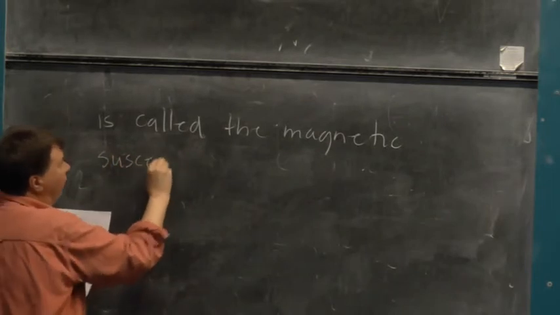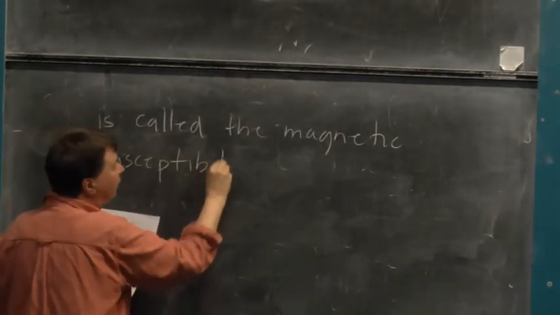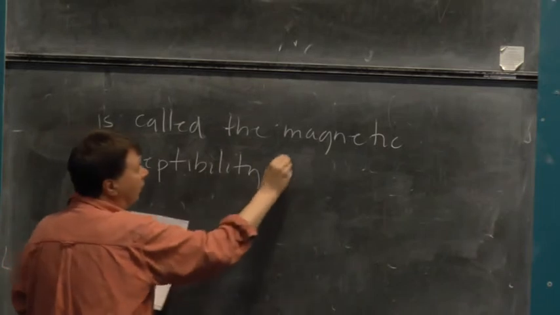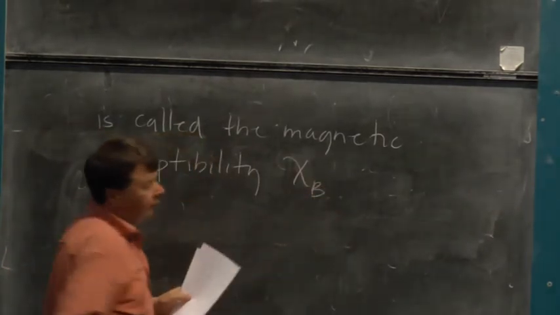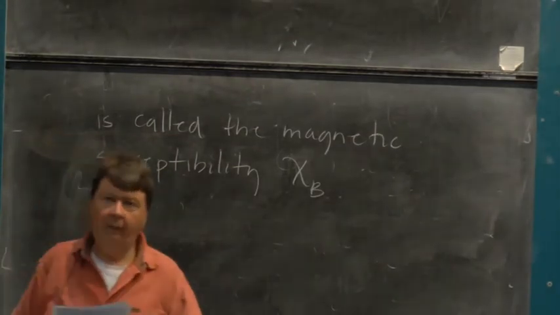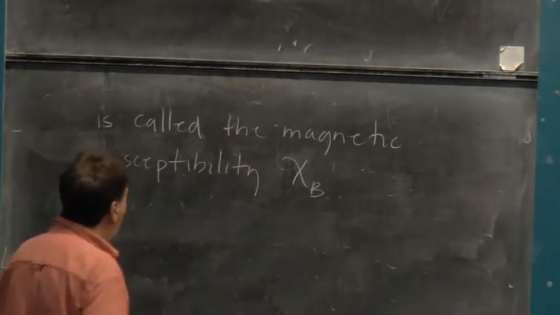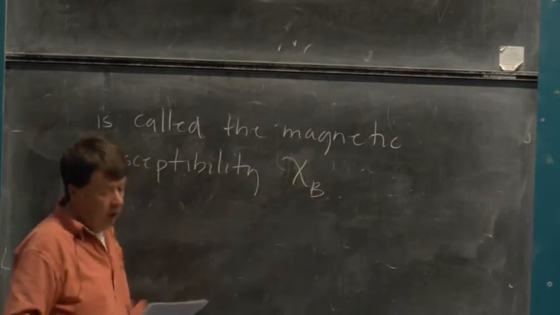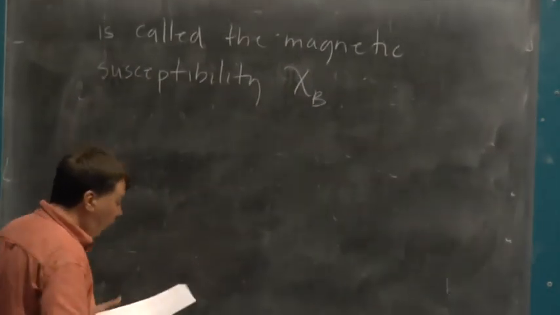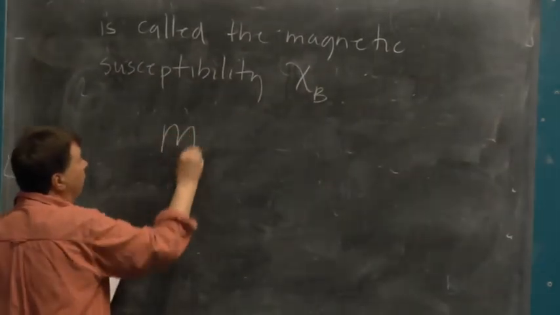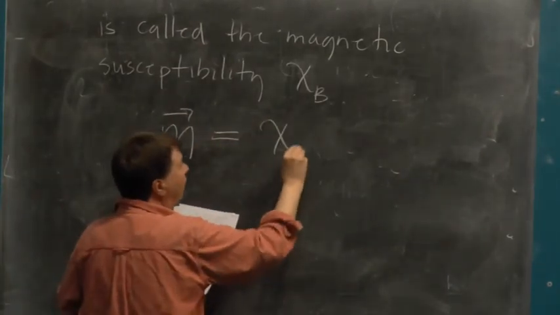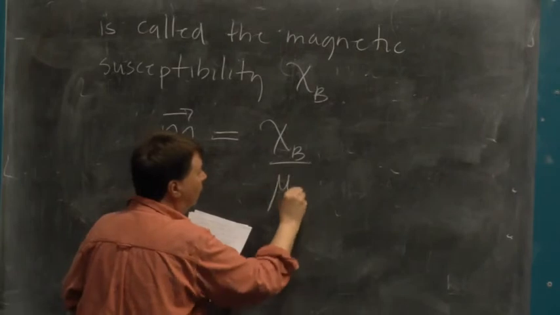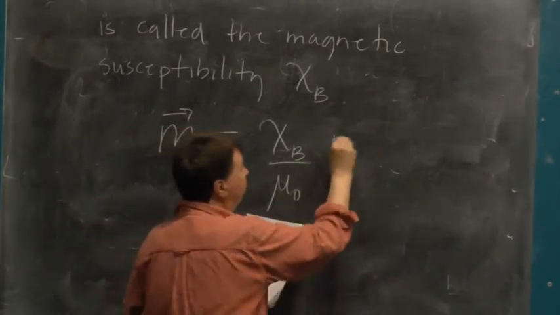This is very similar to the electric susceptibility that we called chi, and indeed it's usually called chi subscript B. So the equation that's used is that M is equal to chi B over mu naught B.